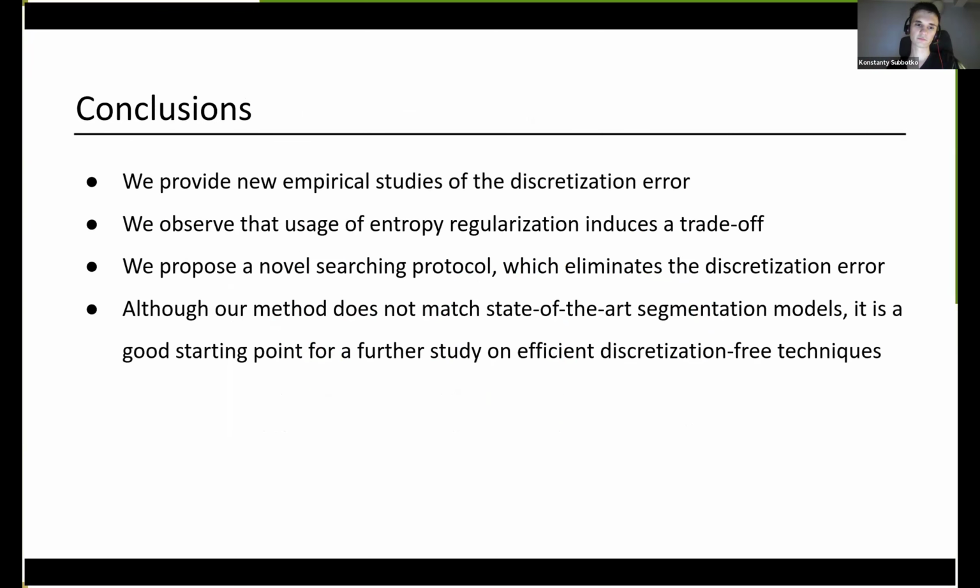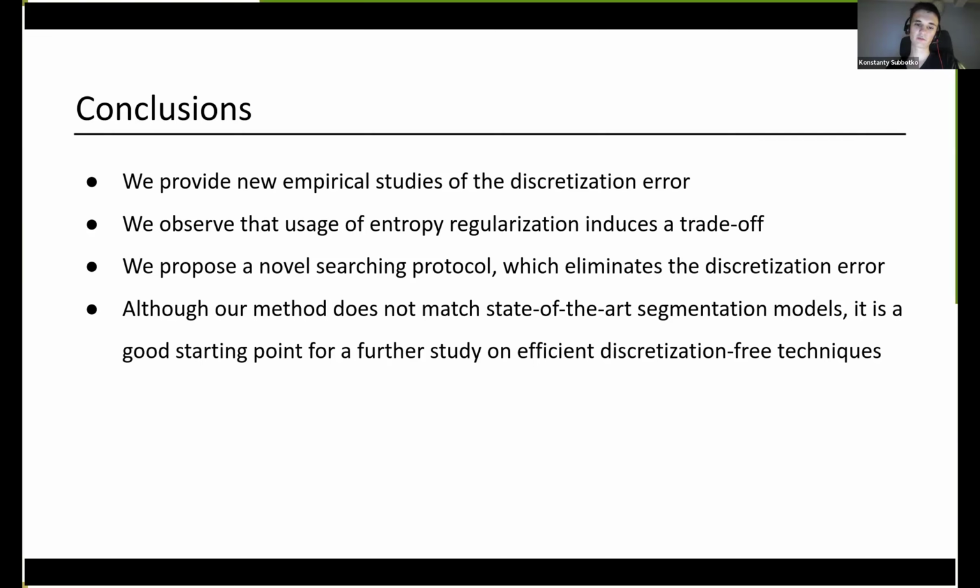We conducted a few novel and interesting experiments, which provided more understanding of the discretization error. In particular, we showed its relation to the entropy of a supernet. Then we proposed a novel searching protocol, which eliminates this issue completely.